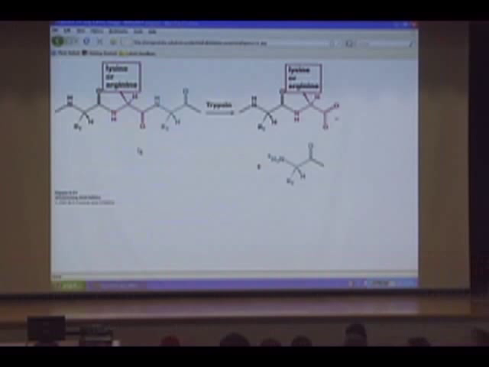It starts at the carboxyl end and clips off an amino acid. And then it clips off another one. And then it clips off another one. So sequentially, one by one, carboxypeptidase A will clip off amino acids from the carboxyl end.